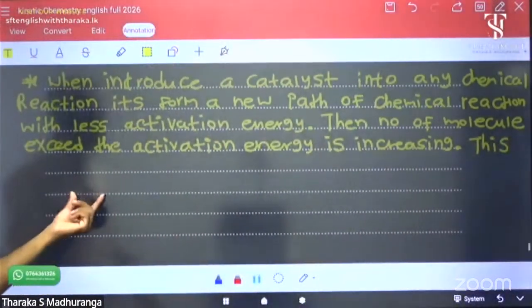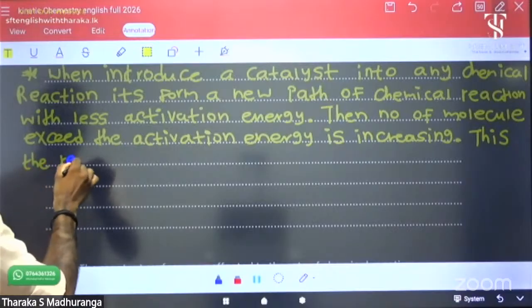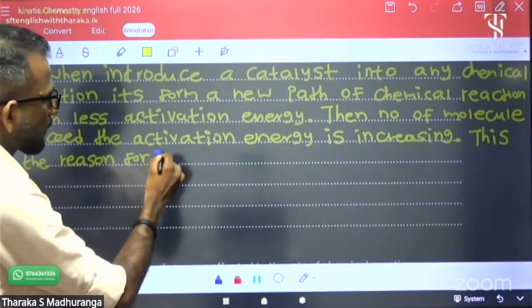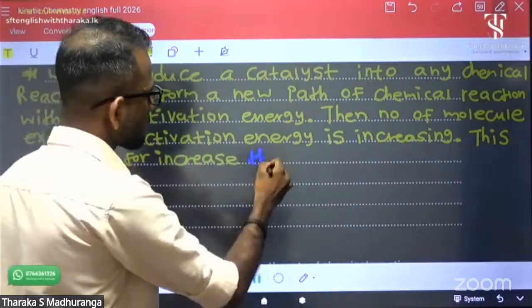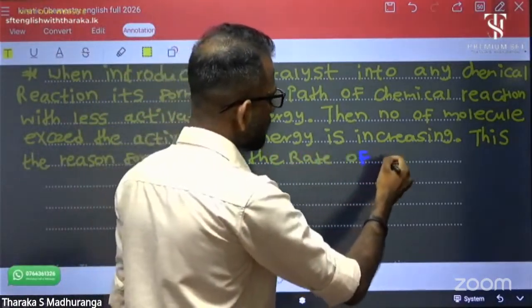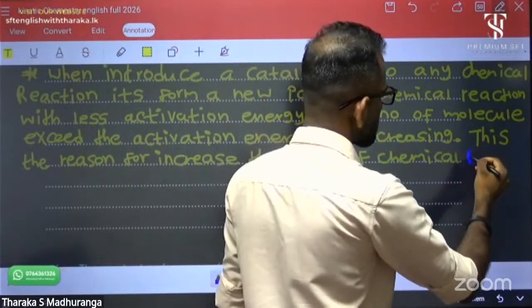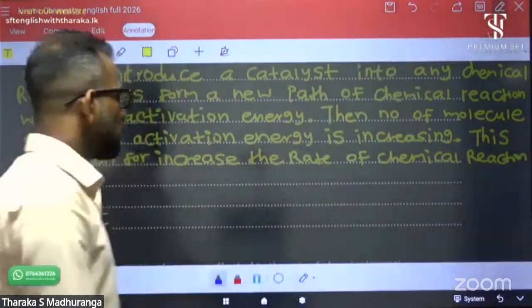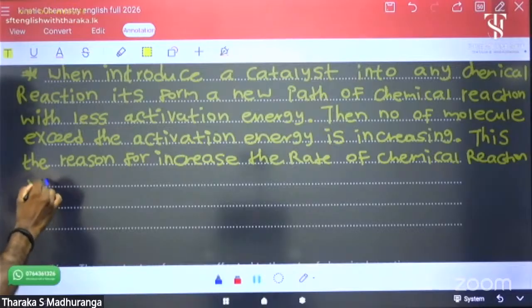This is the reason for the increase in the rate of chemical reaction with catalyst.